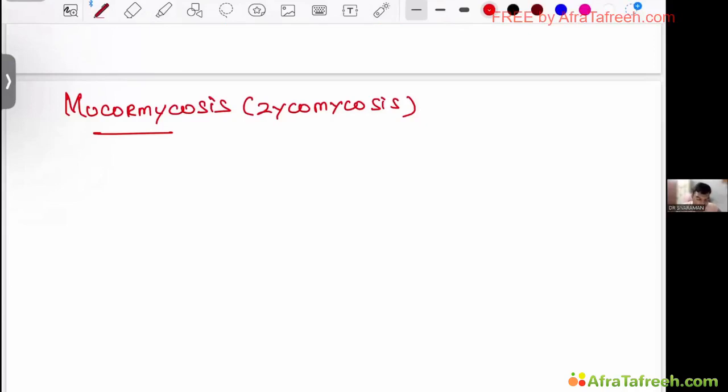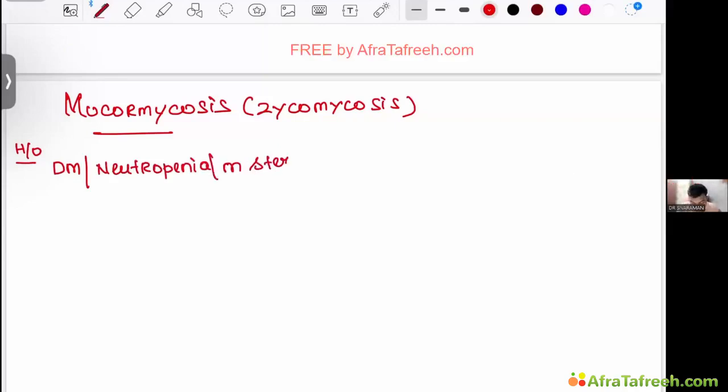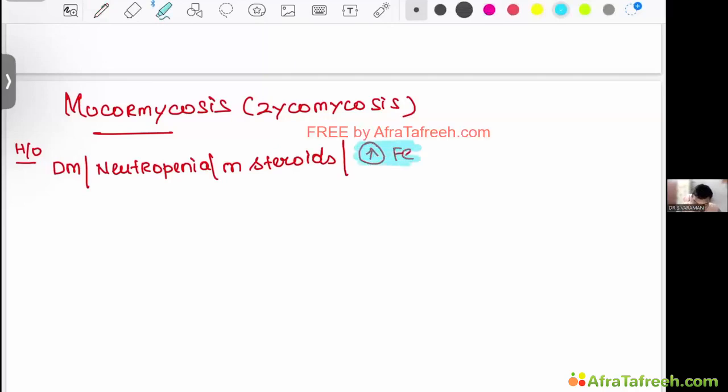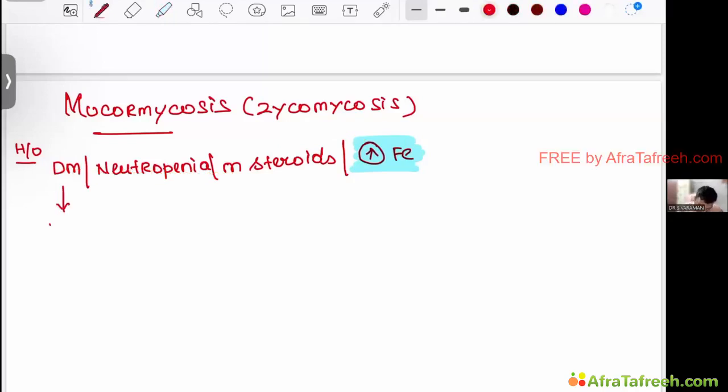Whenever a patient comes to you with a history of diabetes mellitus, or decreased immunocompetency, like neutropenia or on steroids, or conditions with increased iron, very important, these patients have high chances of developing mucormycosis. Whenever a question is given where the patient has DKA, that patient definitely can have mucormycosis.